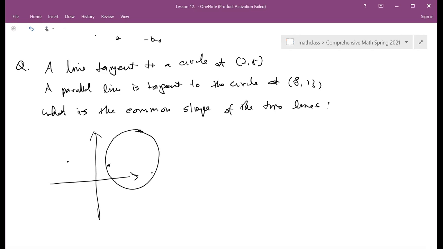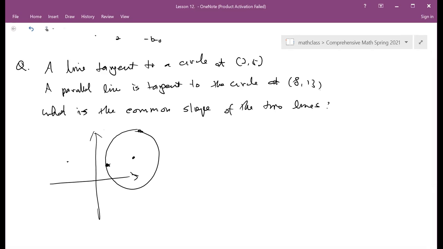Now let me check what happens here. We know that the line passing through, so it's not very clear.